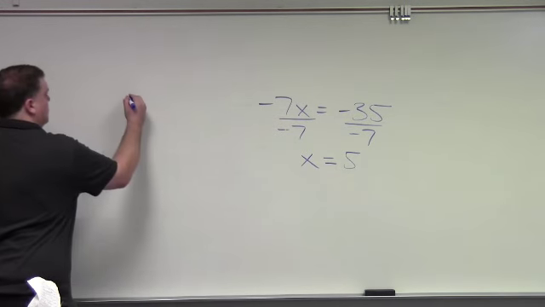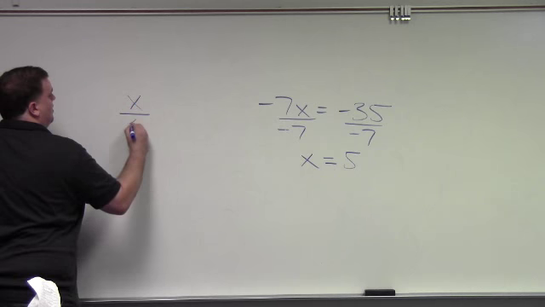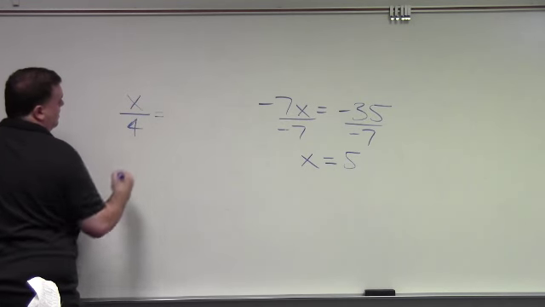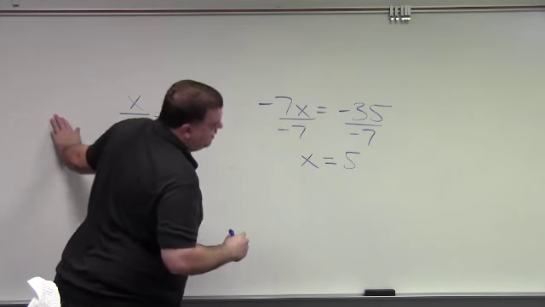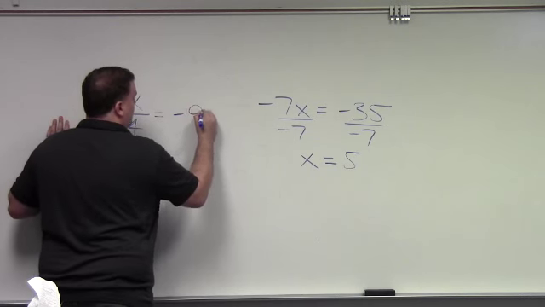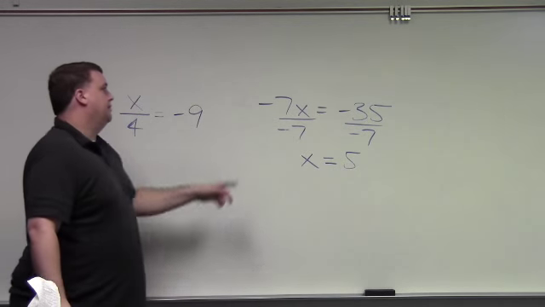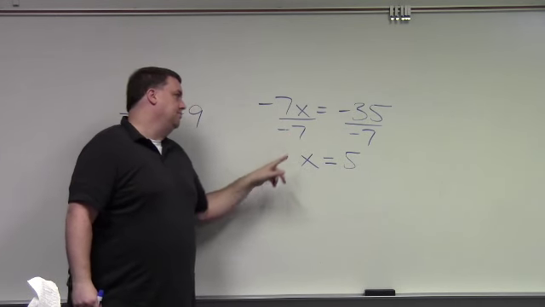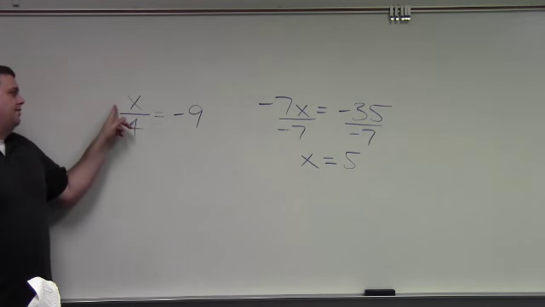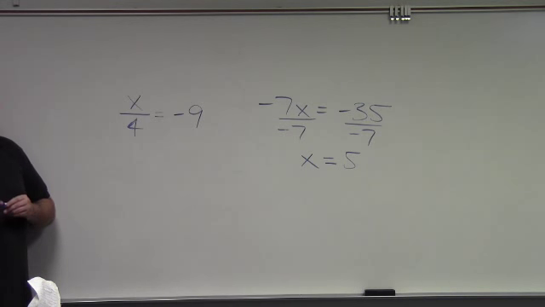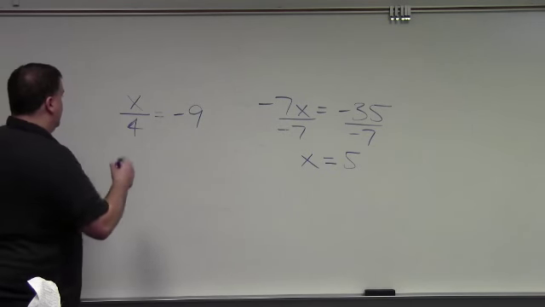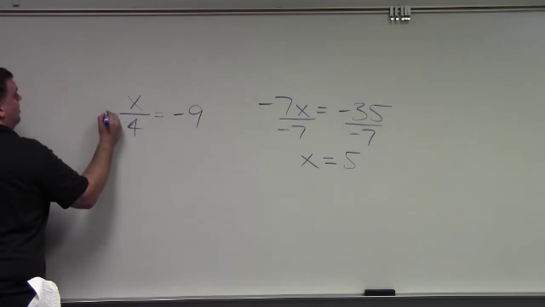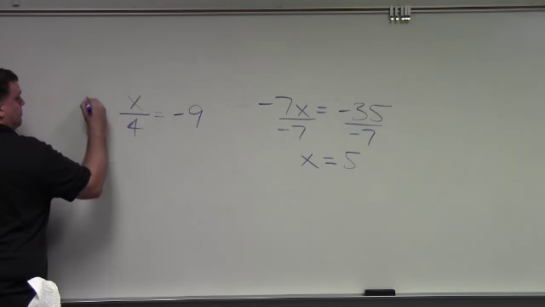Now everybody's favorite: x over 4 equals negative 9. So if the opposite of multiplication was division, and we're dividing by 4 here, what would you think the opposite operation is? Multiply by the reciprocal? Yes, we would multiply by the reciprocal. In this case, it's just 4, right?